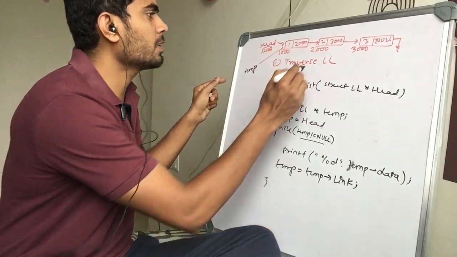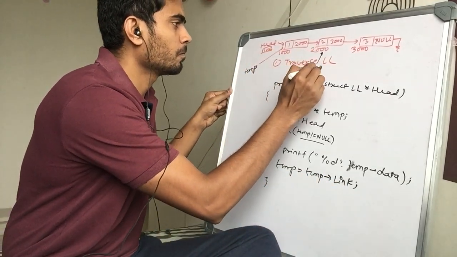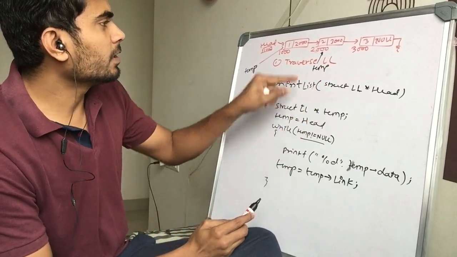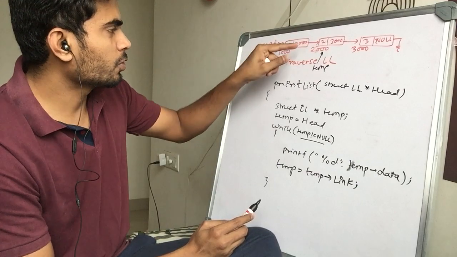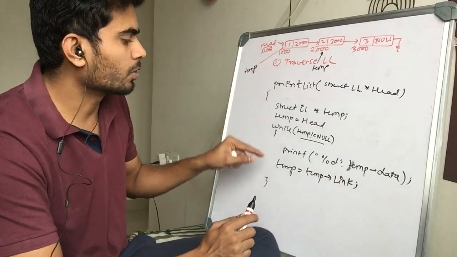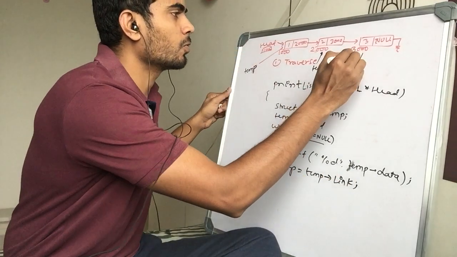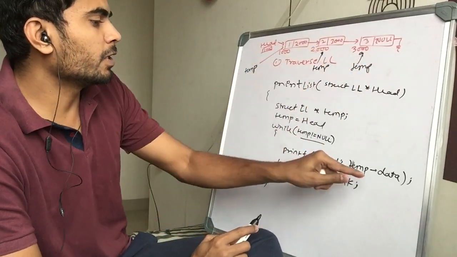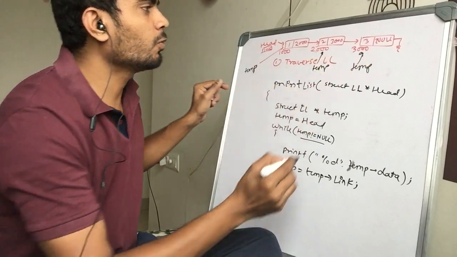Okay, now temp is here, and now we can do this condition check. Is it null? No, it is pointing to this node which is not null. So again print this node, and then temp again comes to this node. Is it null? No. So again print it, and then temp is shifted to one more position.